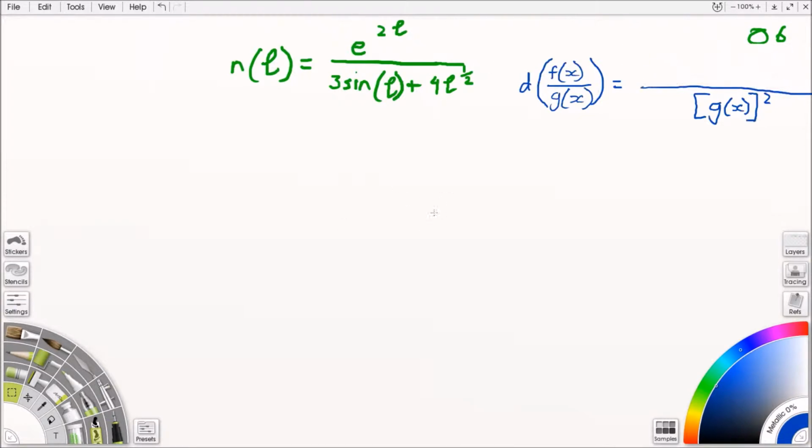So, that was wrong. I got them flipped around the wrong way. So g of x. I remembered it yesterday, no problem. Why? It's just slipped from my brain.